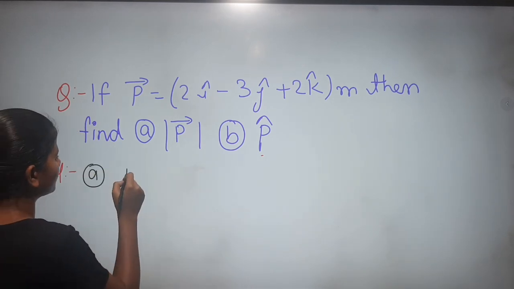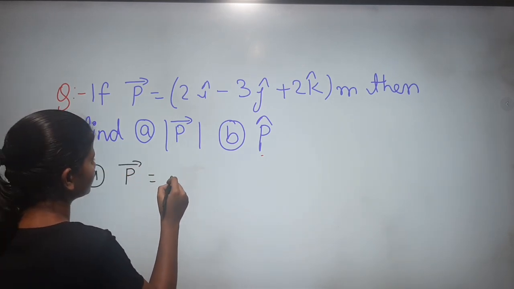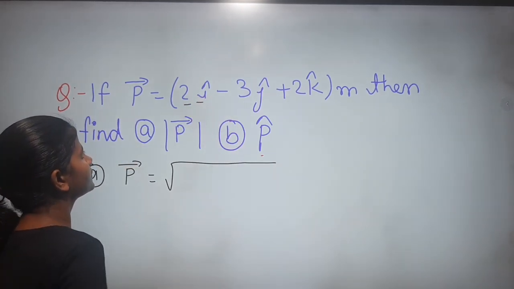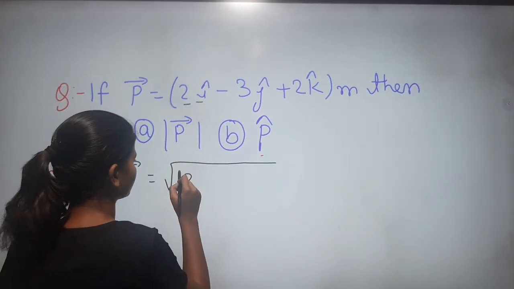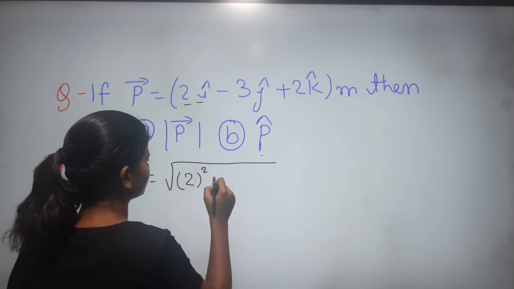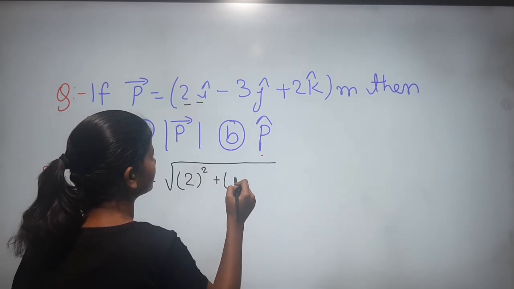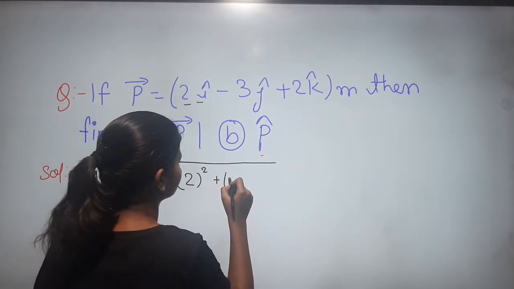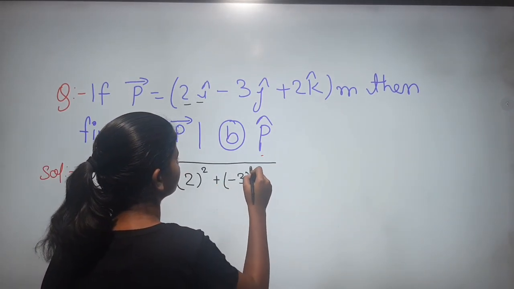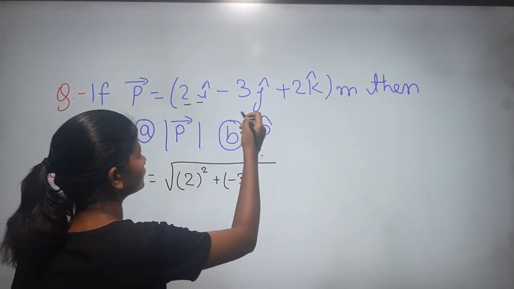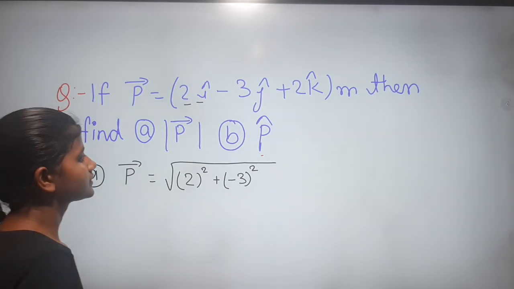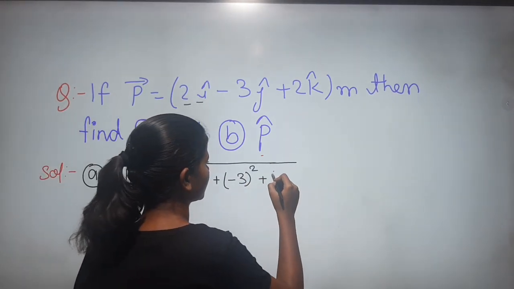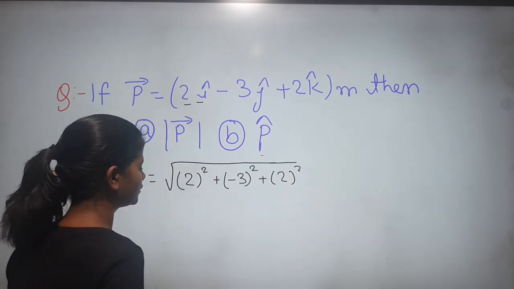P vector is equal to root under the coefficient of i cap is 2, square, plus the coefficient of j cap, minus 3, square, plus the square of the coefficient of k cap, that is 2, so 2 square.